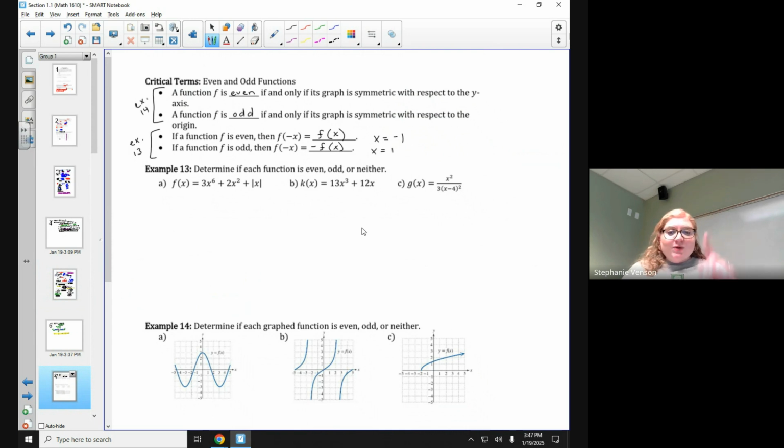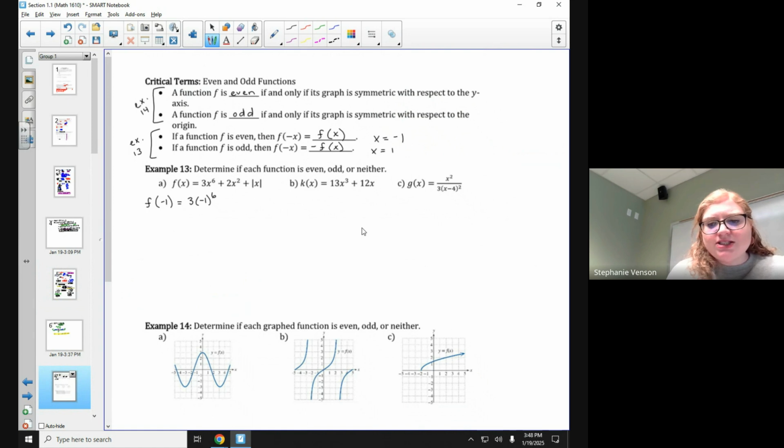Watch this. So example 13 says, determine if each function is even, odd, or neither. Now I have A, B, and C, and I'm going to show you an example of each so you can see what they look like. So A says f of x equals 3x to the 6th plus 2x squared plus the absolute value of x. So first let's plug in f of -1. So that's 3 times -1 to the 6th plus 2 times -1 squared plus the absolute value of -1.